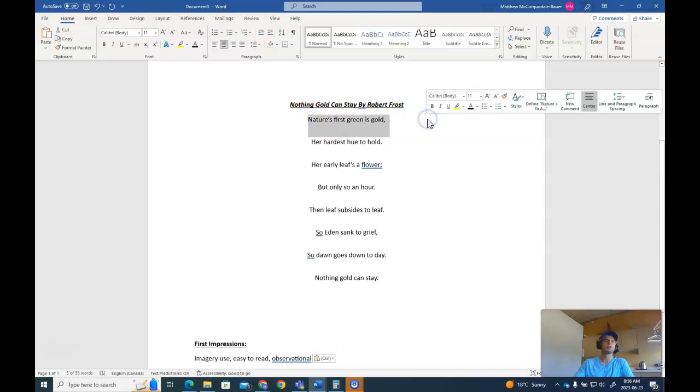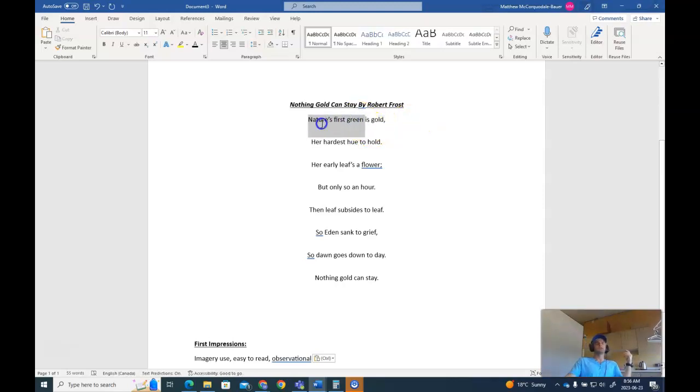We look right here. Nature's first green is gold. Now, this is a super interesting line because right away they make a comparison. So they say nature's first green.